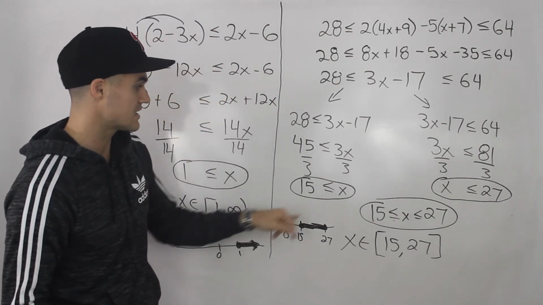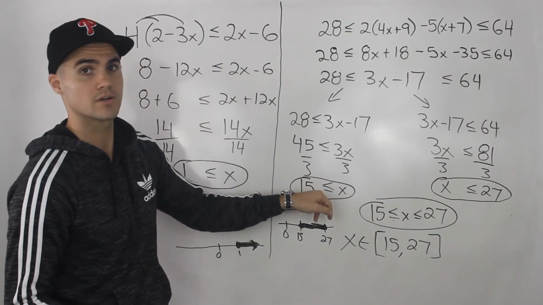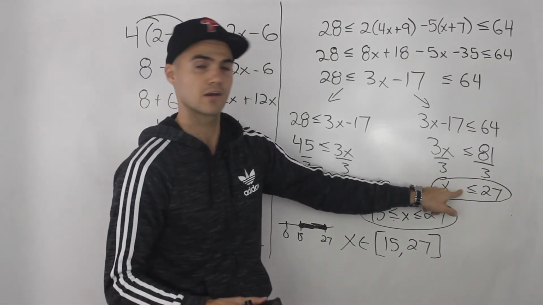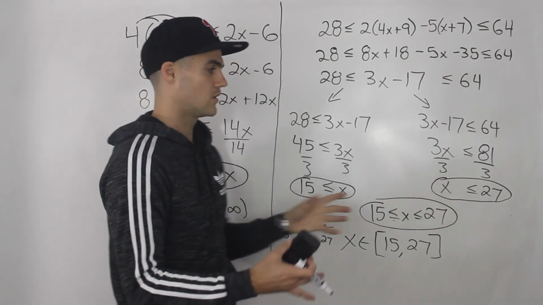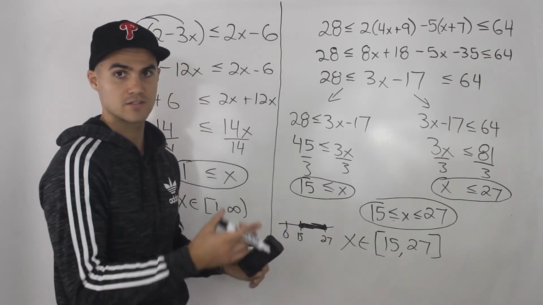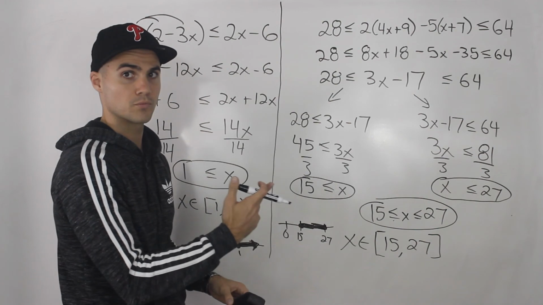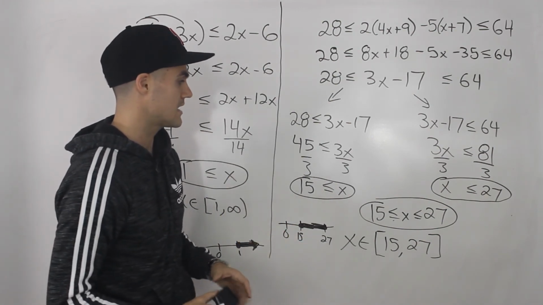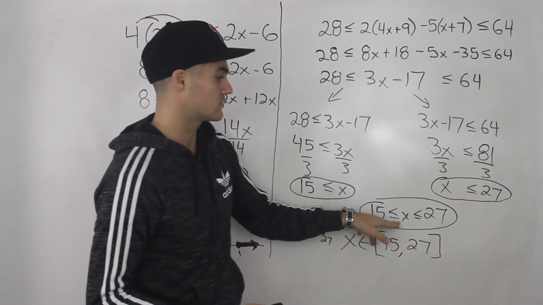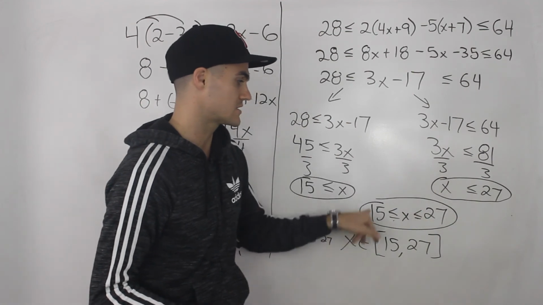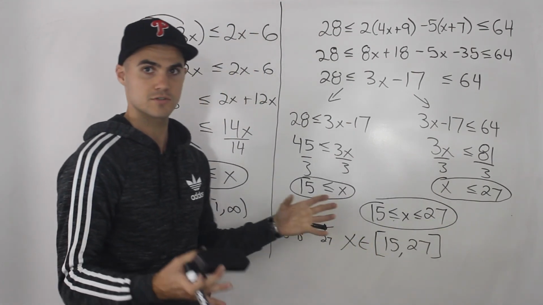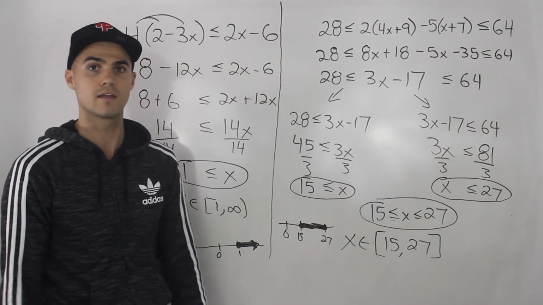For example, let's say this one was x is less than or equal to 15 and this one is x is greater than or equal to 27. Combining those, there are no x values that satisfy both of them, so there would be no solution. But in this case, x is greater than or equal to 15 and has to be less than or equal to 27. There is a possible solution in between 15 and 27.